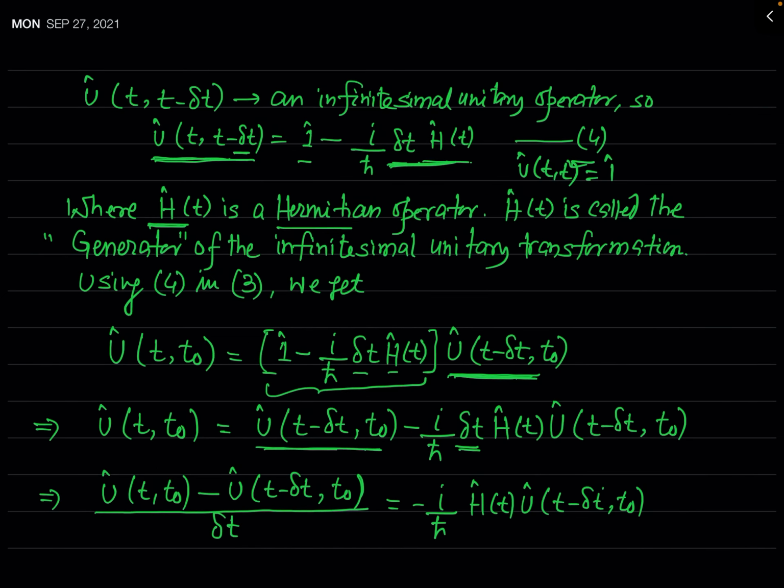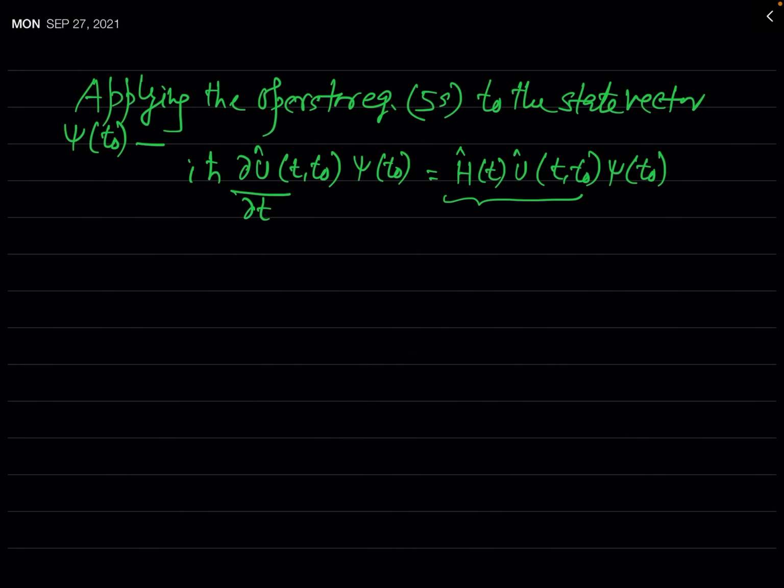So in the light of equation 1, this result may be written as i h bar del psi of t by del t, and this is equal to what? Again, this operator u hat is operated on psi of t naught, and so this will be psi of t from equation 1. So this is h hat of t and psi of t.